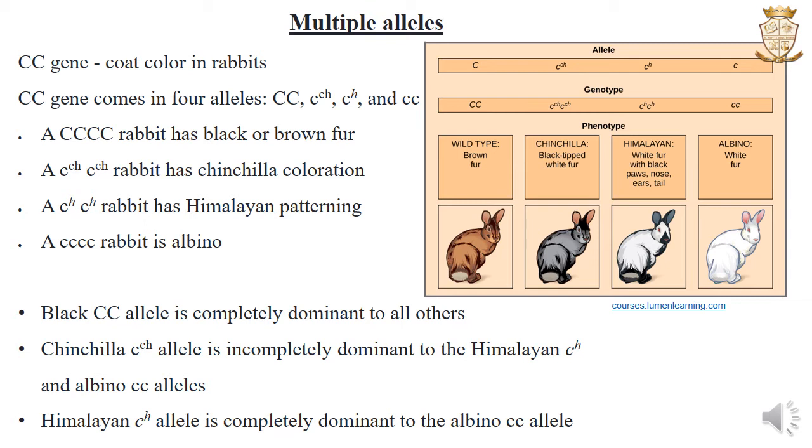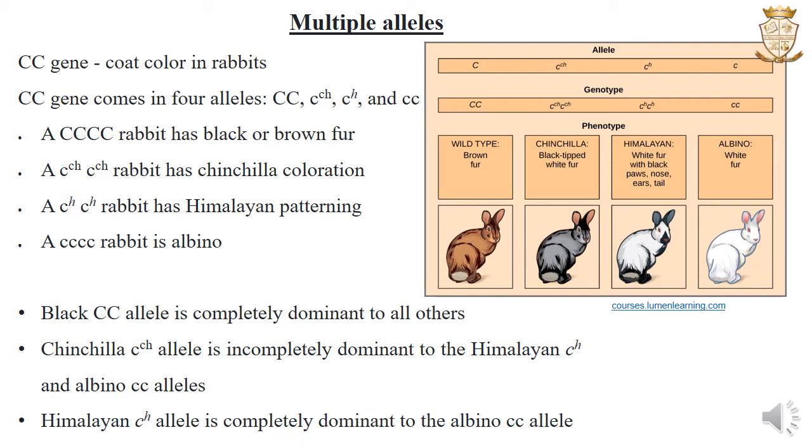A diploid rabbit having the capital C allele will have a black or brown fur. A C^ch rabbit has a chinchilla coloration. A C^h rabbit has a Himalayan patterning, and a small case c rabbit will be albino, having a white fur.